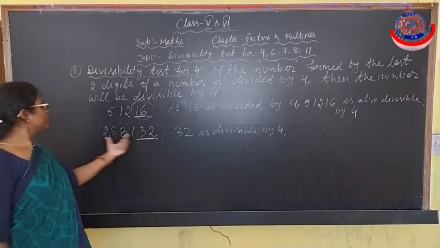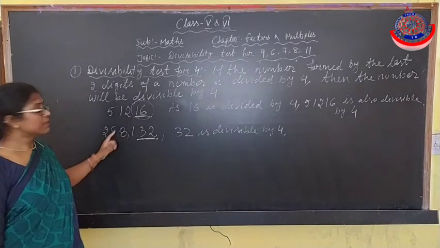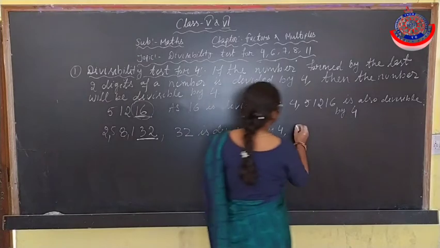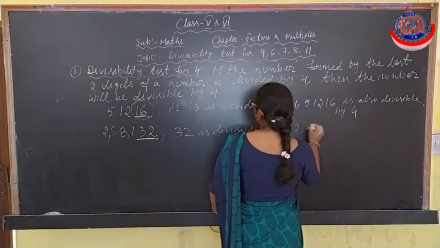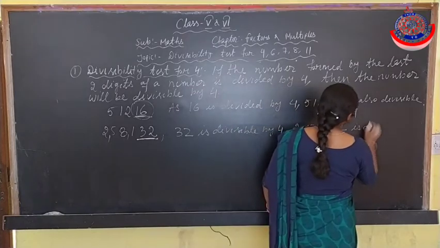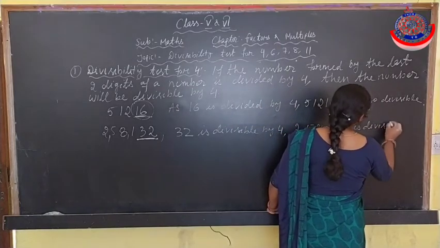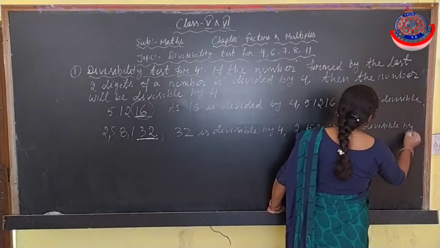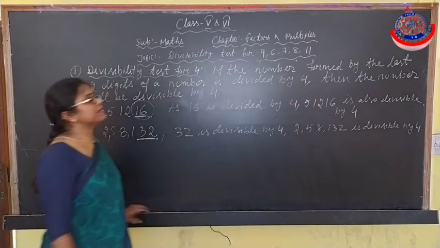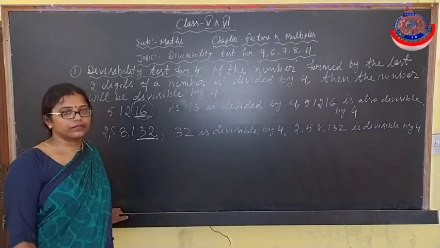So this number 2,58,132 is divisible by 4. Clear now whether a number is divisible by 4 or not.